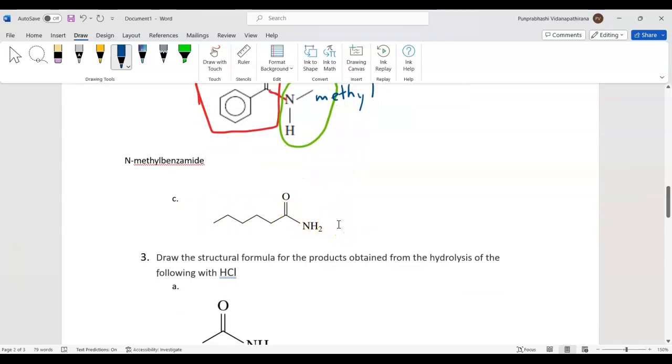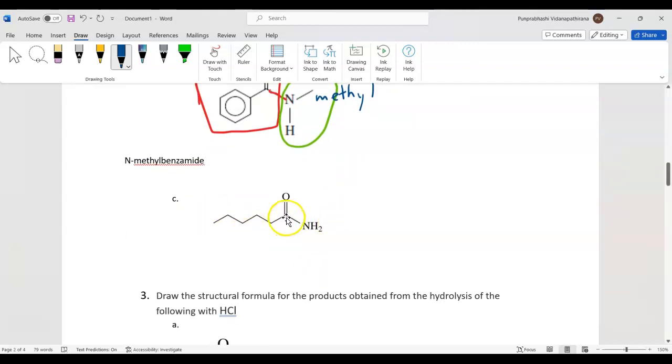Question C. In question C, what is the carboxylic acid? The carboxylic acid has 1, 2, 3, 4, 5, 6 carbon atoms. So that is hexanoic acid, right? When hexanoic acid is converted to the amide, it will be hexanamide.